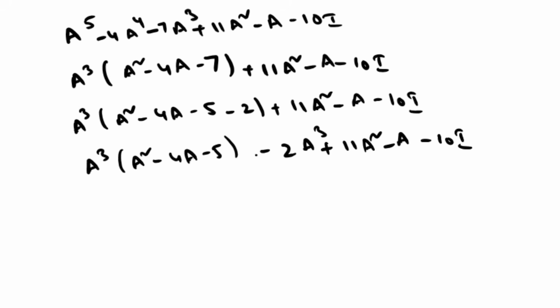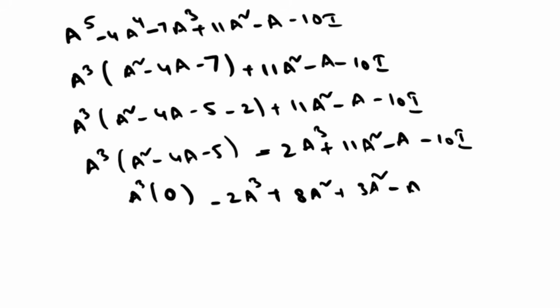Now A squared minus 4A minus 5 equals 0. Therefore A cubed into 0 minus 2A cubed. We can write this as 8A squared plus 3A squared minus A minus 10I.